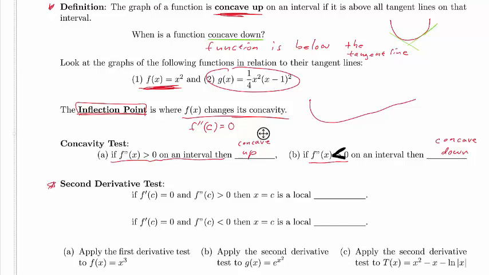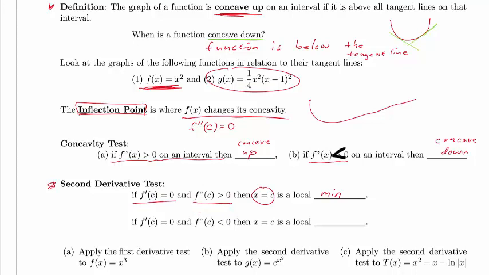And so this brings us to everything that we need for the second derivative test. If the first derivative equals 0 and the second derivative is greater than 0, then x equals c is a local min. And you can think this through.